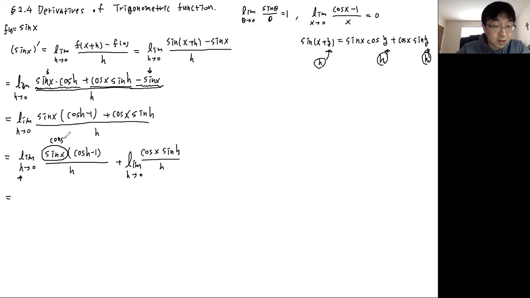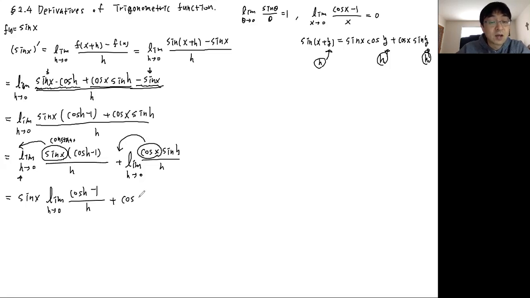You can take out sine of x. So we have sine of x times the limit as h approaches 0 of cosine of h minus 1 over h. Similarly, cosine of x doesn't have h, so it is a constant with respect to h. You can take out cosine of x, plus cosine of x times the limit as h approaches 0 of sine of h over h.